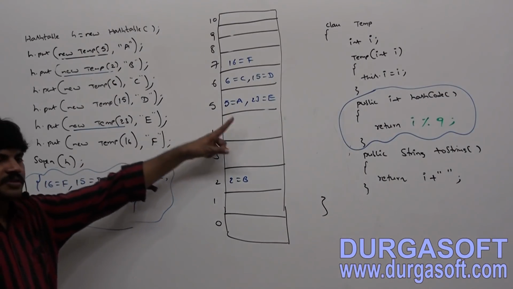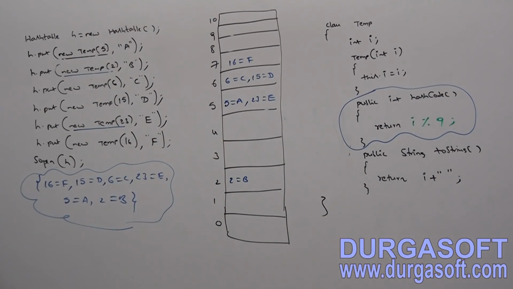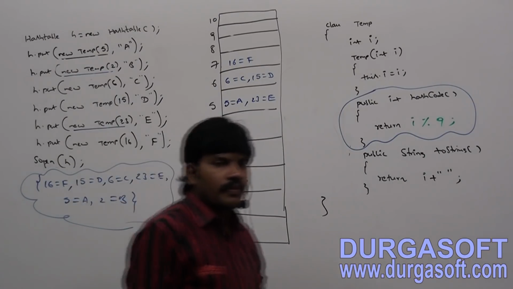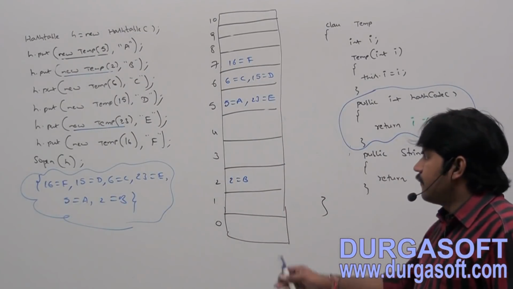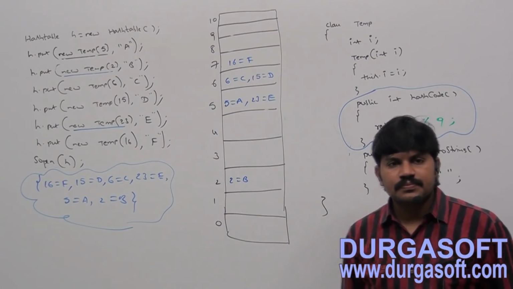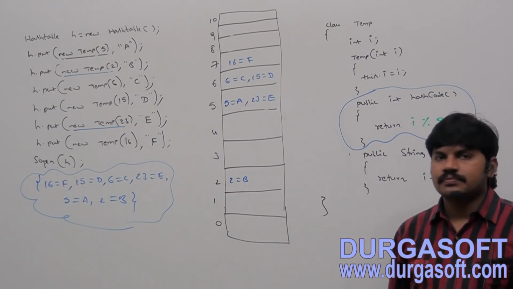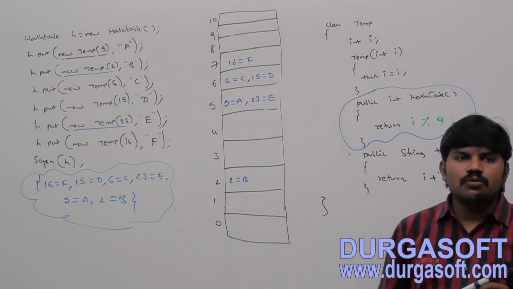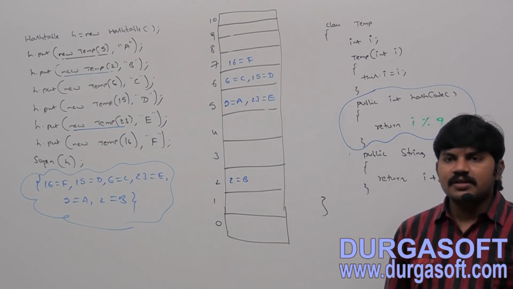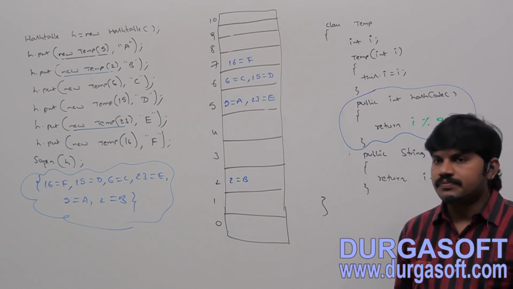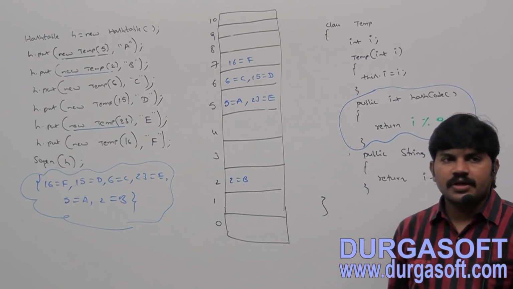Now better to take this diagram and the output also. So if we change the hash code formula, automatically there is a change in our output. Are you getting the point, right?